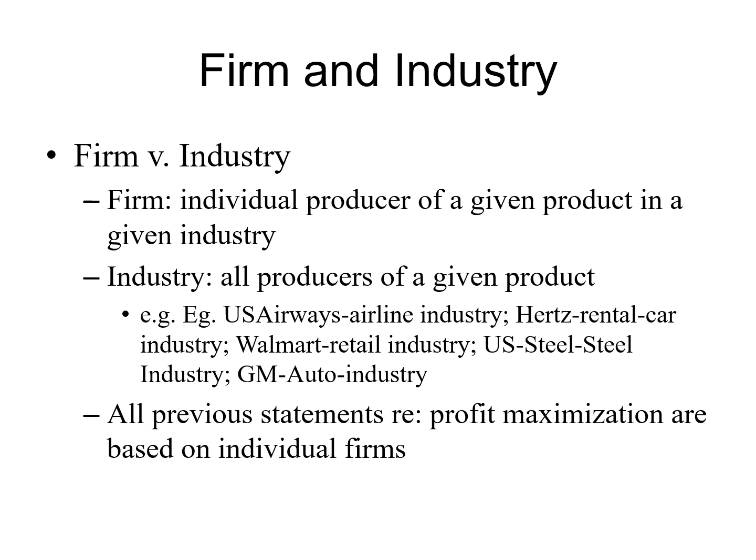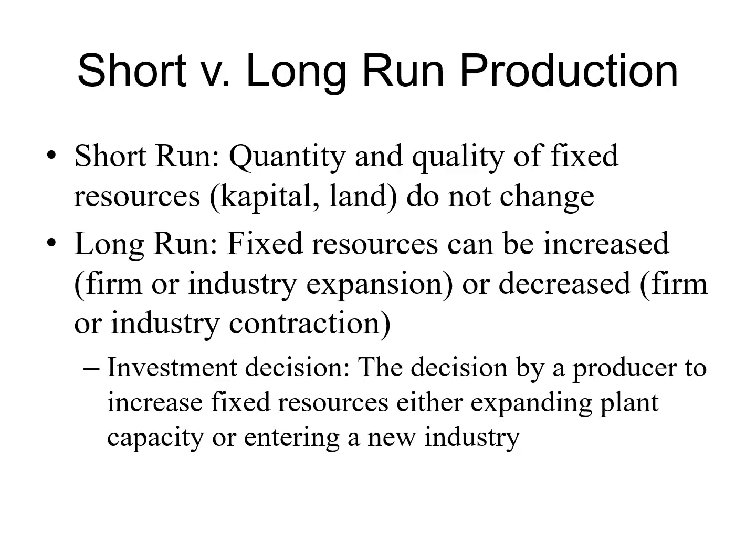Now we deal with short versus long run production, which I was just mentioning. The basic difference is that in short run production, the quantity and quality of fixed resources do not change. Everything we've talked about so far has been based on short run production.